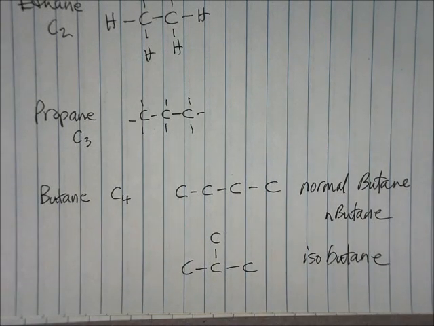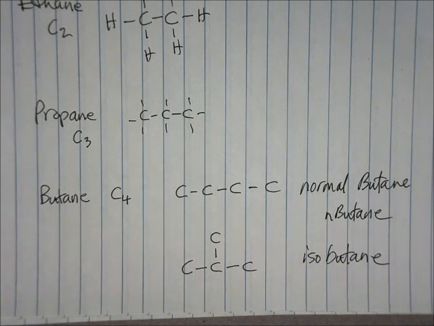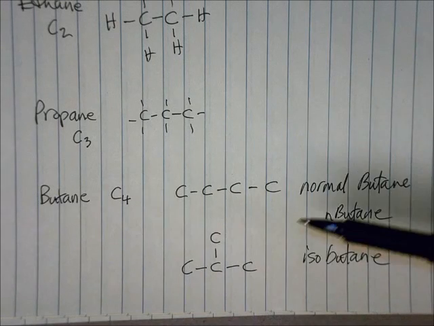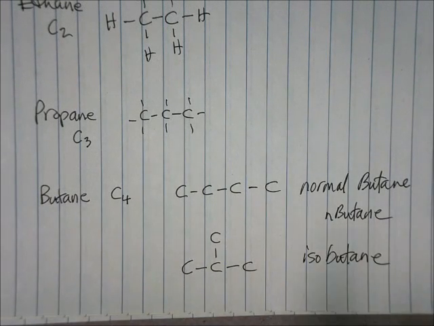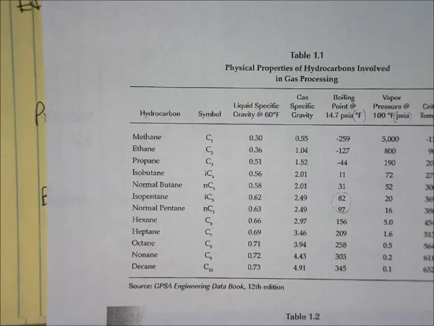You probably won't need to know the actual arrangements of the atoms to work in the field, but you may hear the terms N-butane, isobutane, and you just need to understand why you have those terms. They're the same chemical, they're just arranged differently, but they behave very similarly. Although if you look at it, there are some differences.